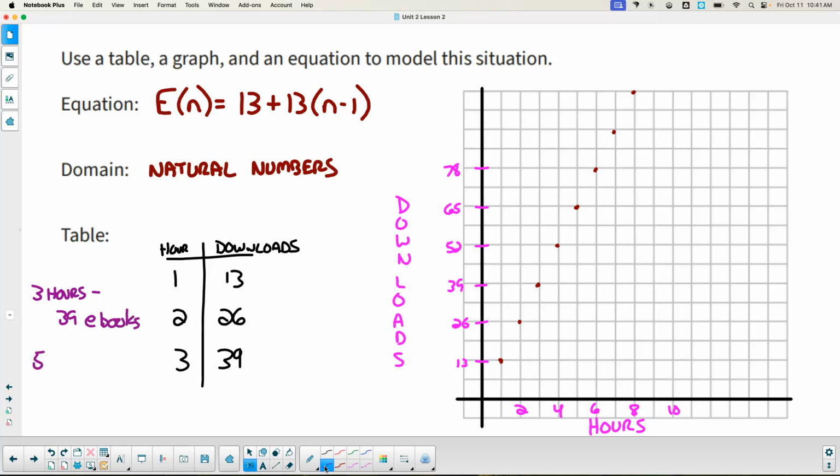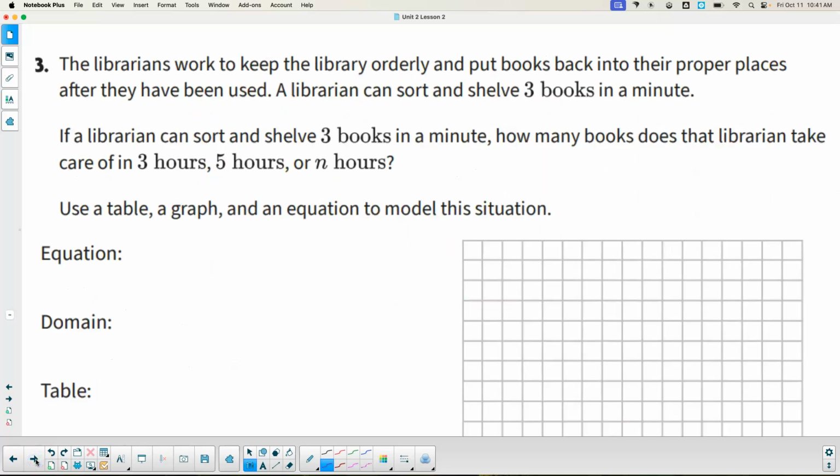After 5 hours, you will have 65 ebooks. The equation is after n hours, so there we go with that one.